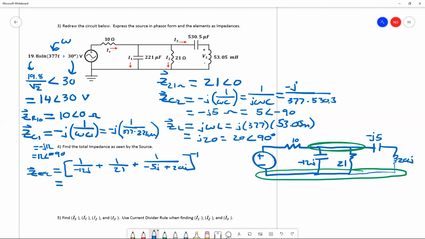we get 1 over J plus 1 over 21 plus 1 over 15, which gives 19.82 at an angle of negative 19.3 degrees.